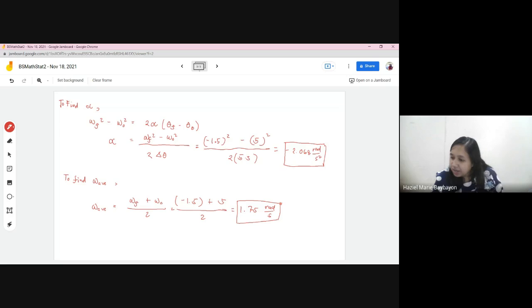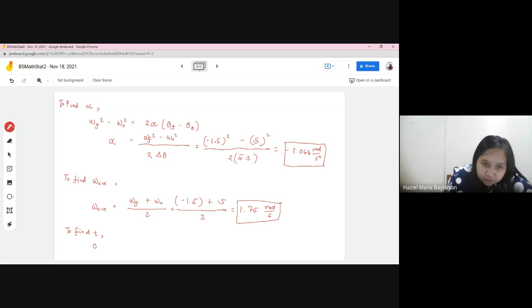Okay. And then lastly, we have to find the time. So the total time, t, in order to find it, we can use any of the three kinematics equations involving time. So we can use this one.